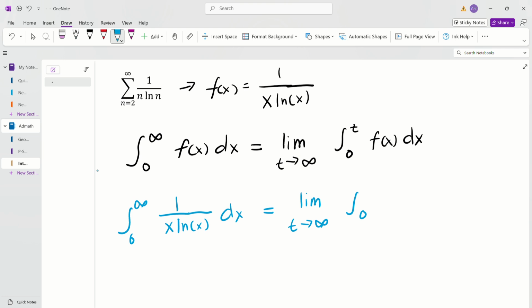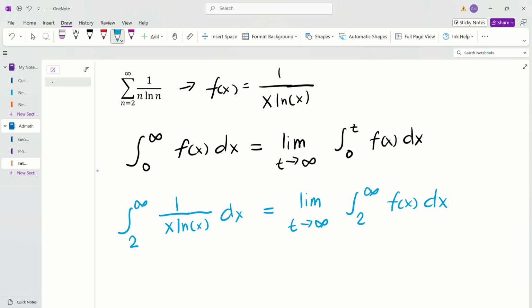Wait, our lower limit is 2. It should be 2 here and also 2 here, from 2 up to positive infinity of f of x dx. So that is the correction.